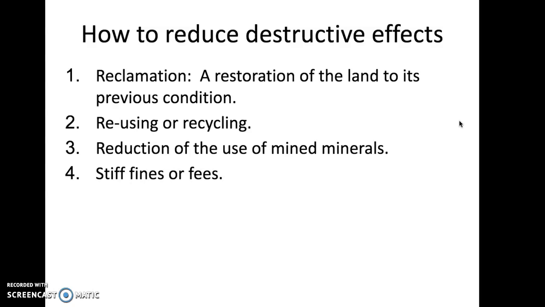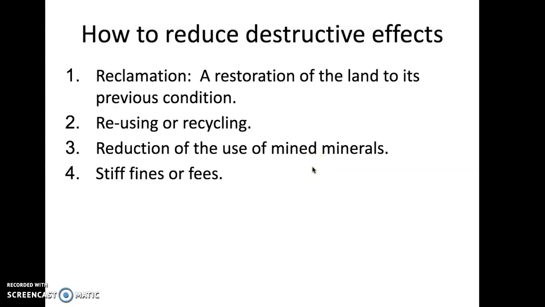So we are very mindful to put the subsoil and topsoil back on. Maybe we plant some trees, we plant some vegetation. Another thing that we could do is just simply reuse or recycle, so decrease the need for that mined material. We could reduce the use of mined materials, just like I said, by reducing and recycling, or by just decreasing what we use in general.